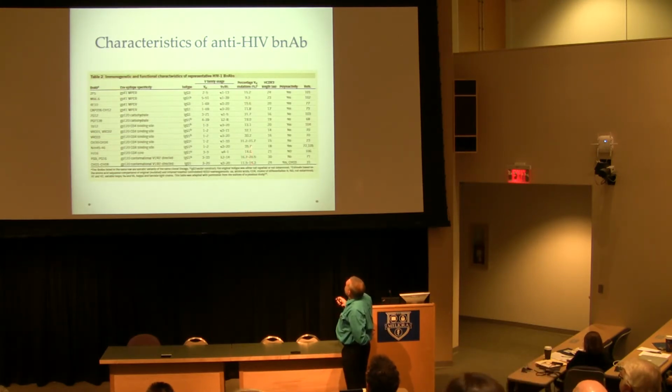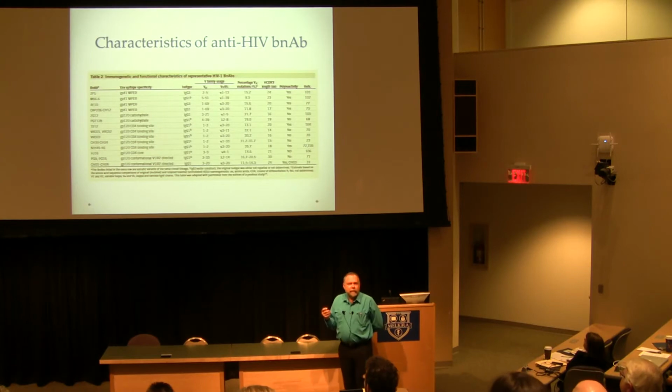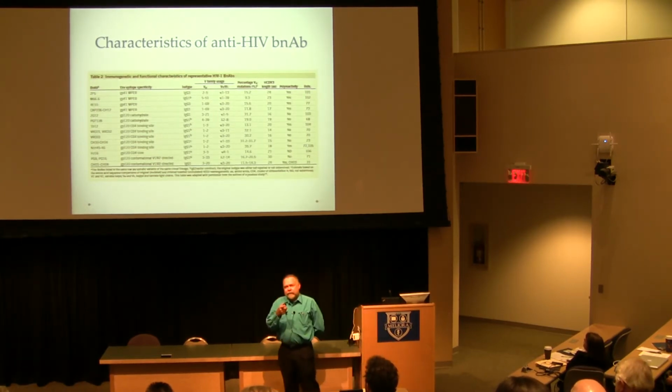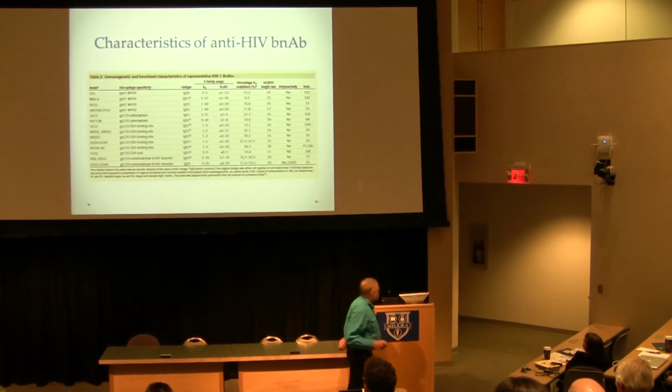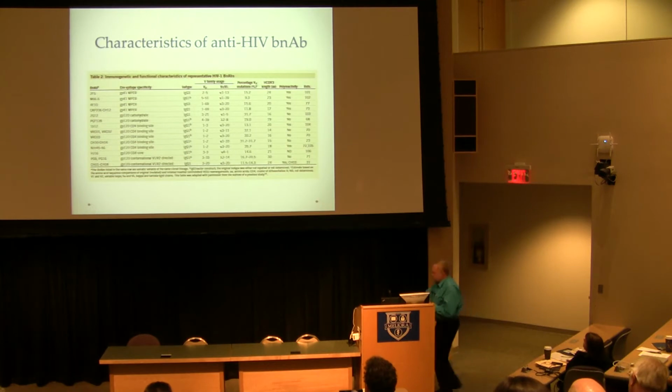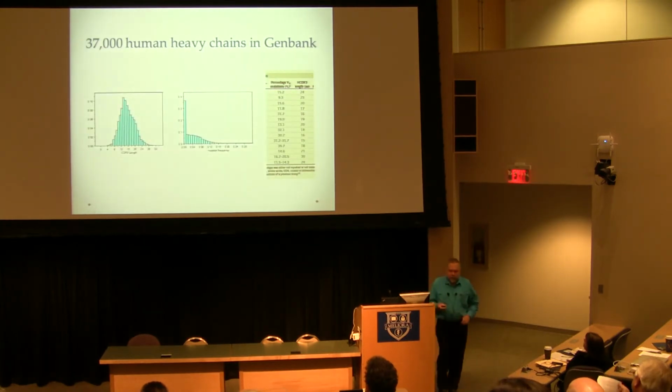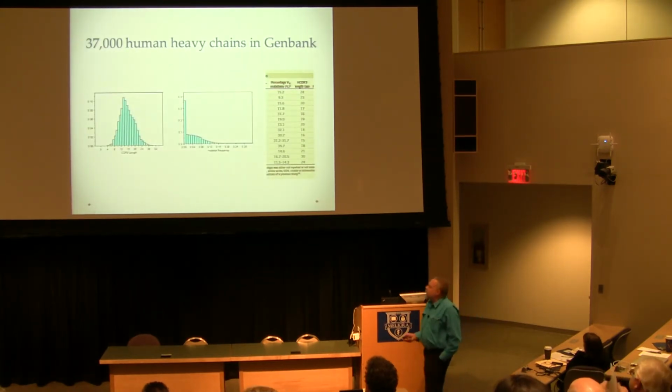And then the most mutated are 36% mutated. Now, Steve is impressed because Steve knows what these frequencies mean. For the rest of you, let me just show you a little background.